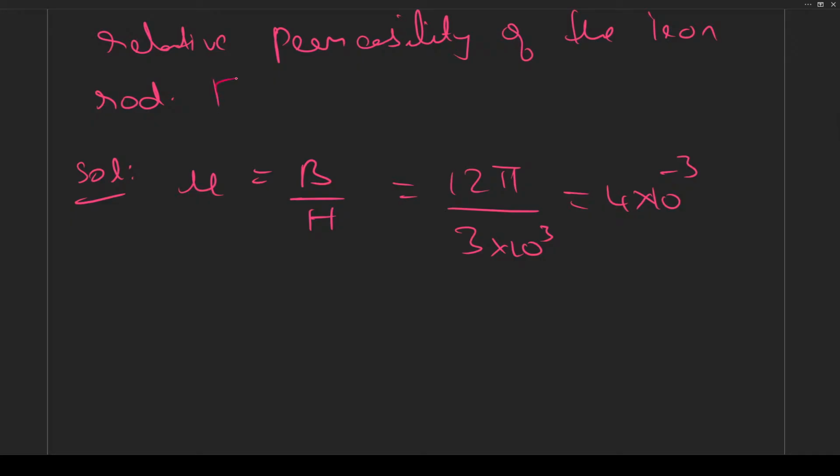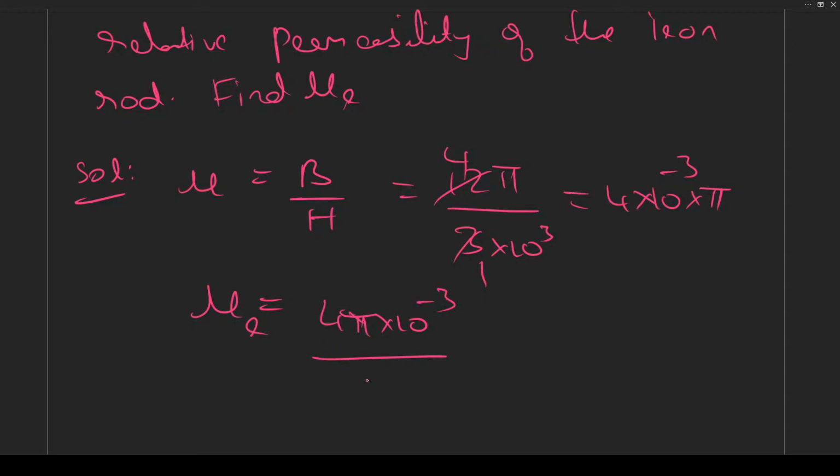And also find mu r as well, where mu r value is equal to 4 pi into 10 power minus 3 by 4 pi into 10 power minus 7.